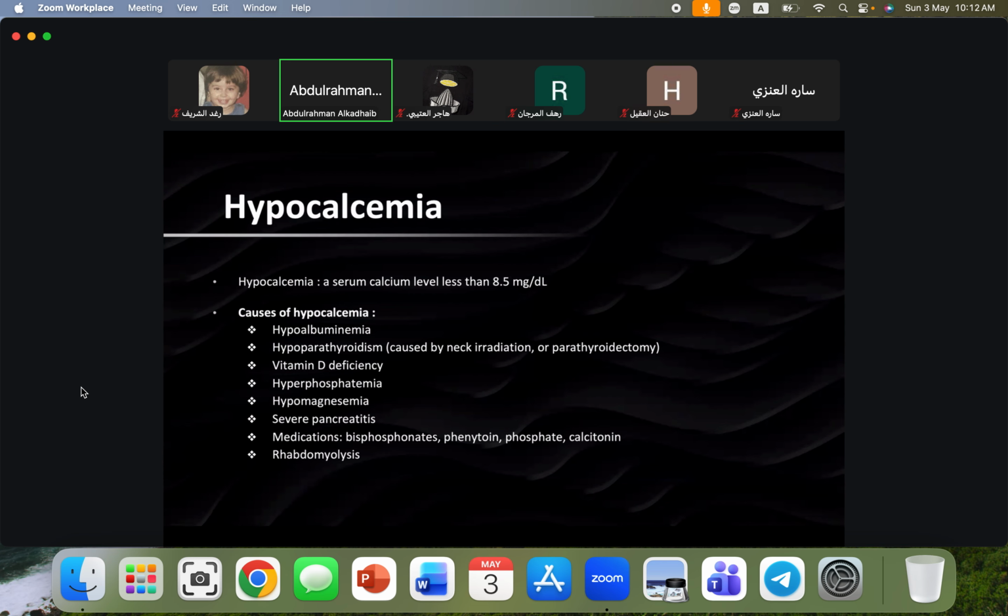They may include a low albumin level, because albumin binds to the calcium, so a low albumin level will cause a low calcium level in the body. In contrast to hypercalcemia, hypoparathyroidism may cause hypocalcemia because the parathyroid hormone regulates the calcium level, and low levels of the parathyroid hormone will cause low calcium levels.